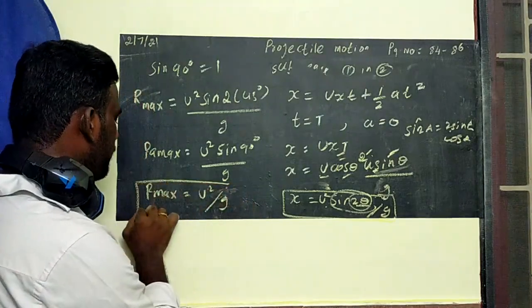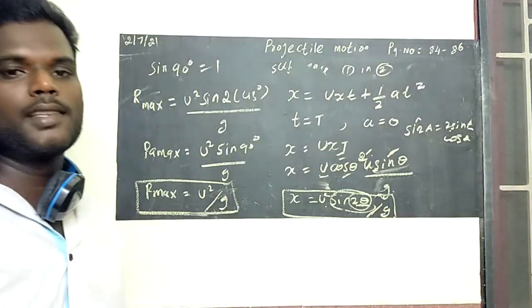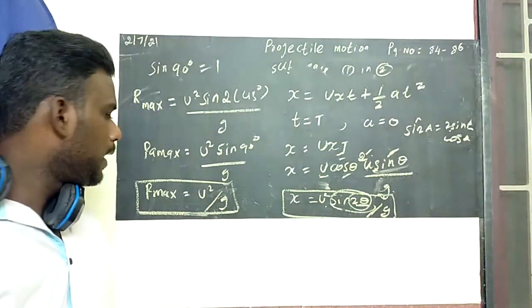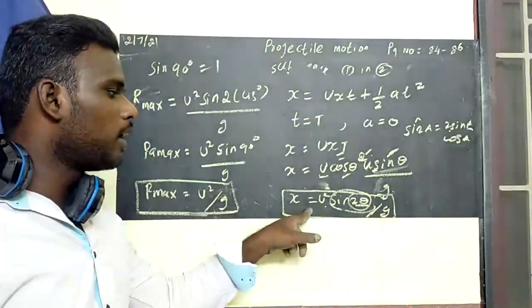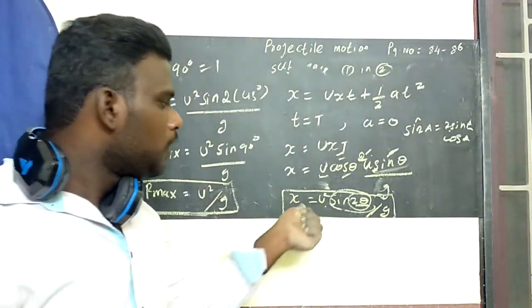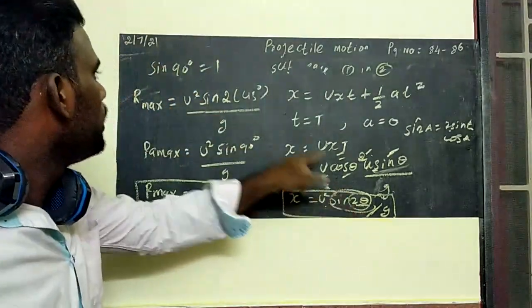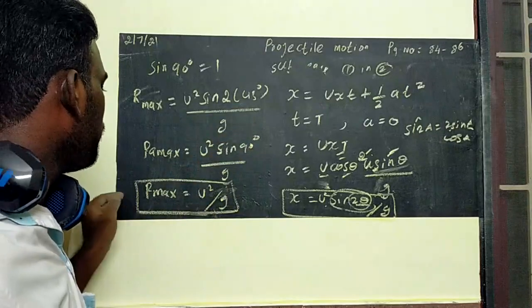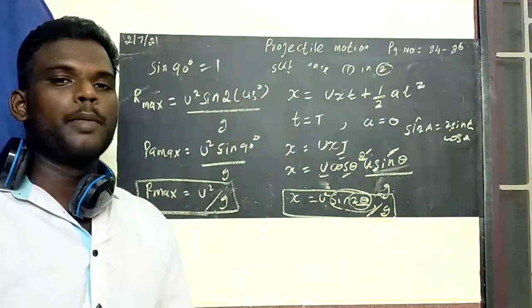So this is called the horizontal range. That is R max equal to u square by g. This is the formula. So if you want the maximum value of x, in place of theta you put 45 degree, and we get R maximum, equal to u square by g.